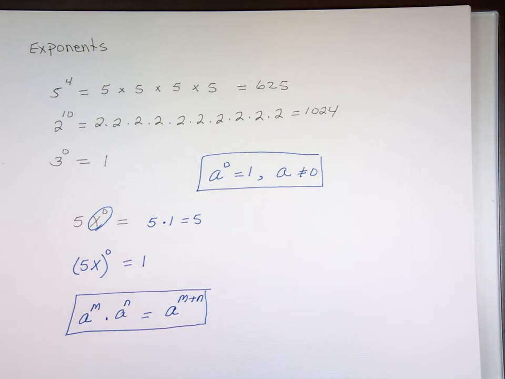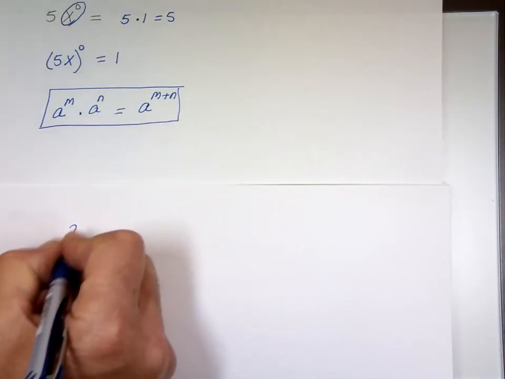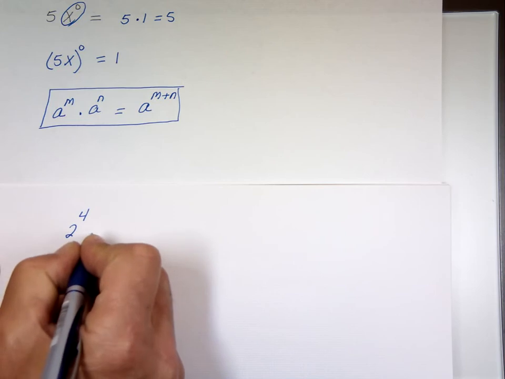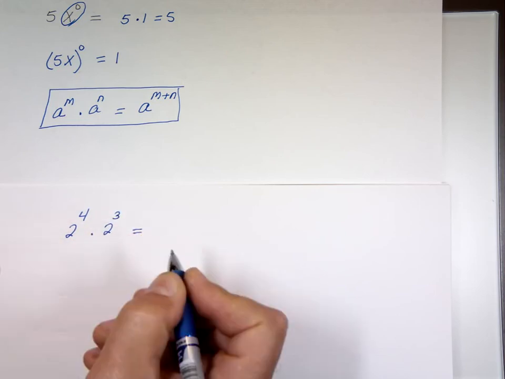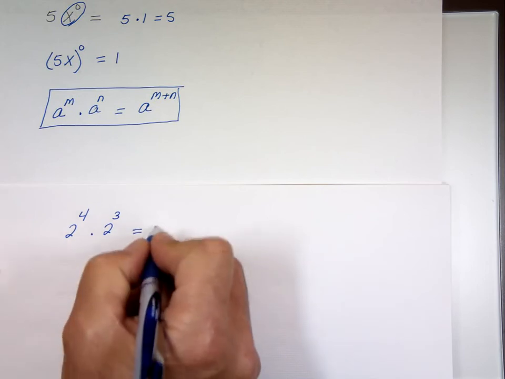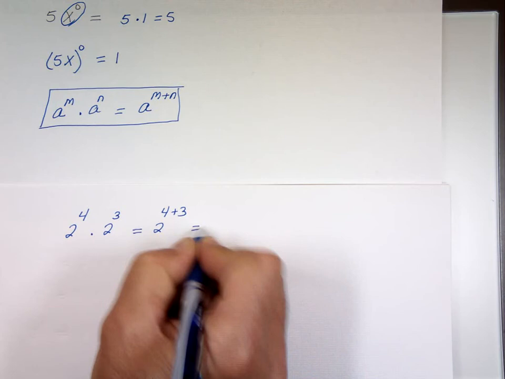When you multiply, keep the base and add the exponents. If the base is not the same, not much you can do. So an example here, if I have 2 to the 4th times 2 to the 3rd, that will be 2 to the power 4 plus 3, which is 2 to the 7.